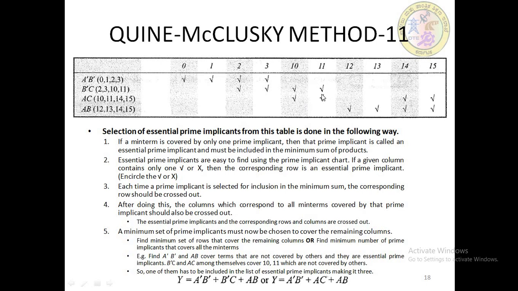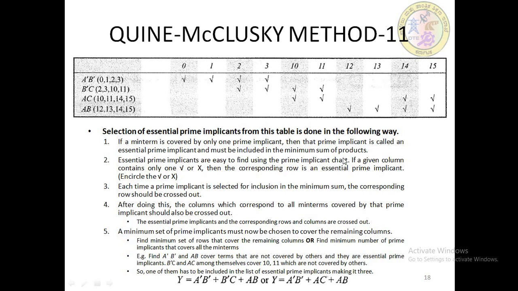Either these two can be covered by using the expression B'C, or they can also be covered by AC. You can see it here also, and these two are also part of either A'B' or AB. If you take any one of it, only these two should be considered. For 10 11 only they should be considered, and for that you can select either B'C or AC.